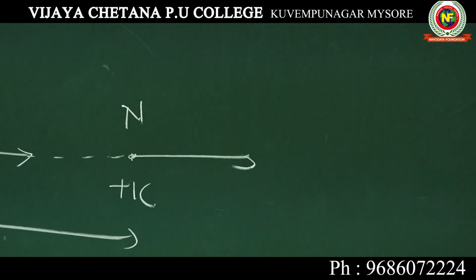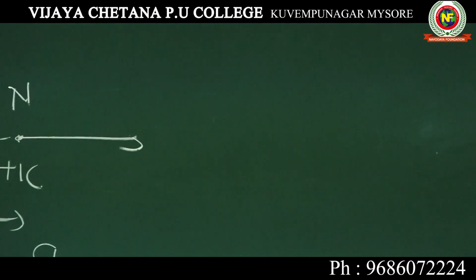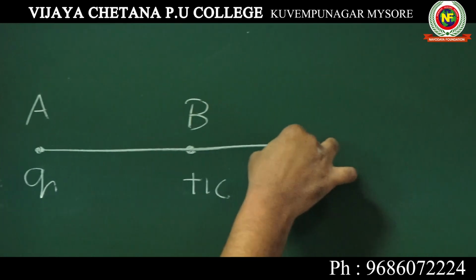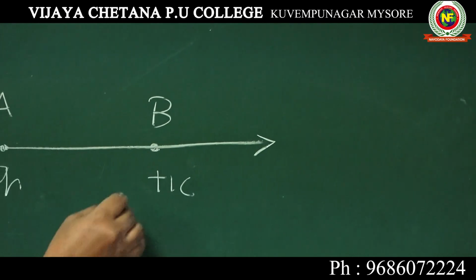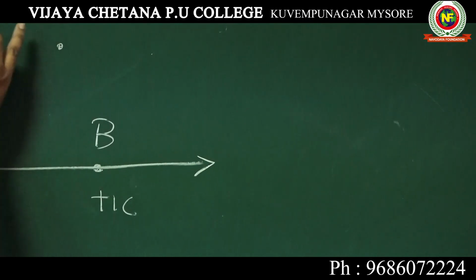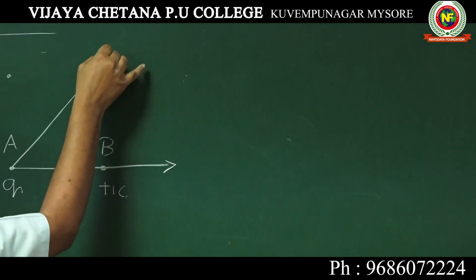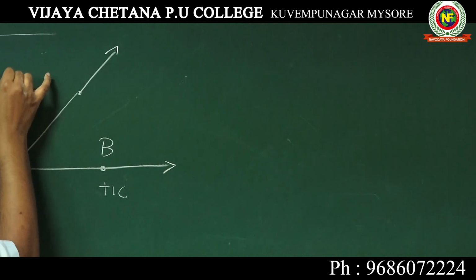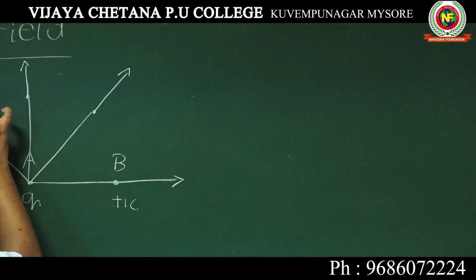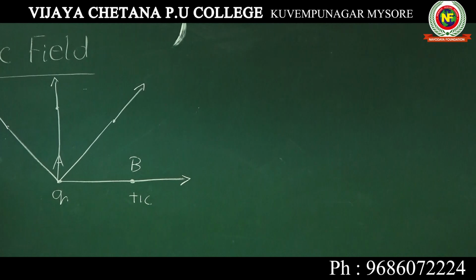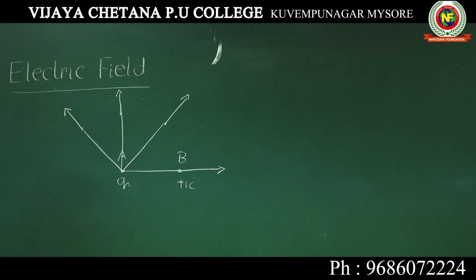Now we will understand the direction of the electric field due to different types of charges. Standard test charge. Then it will be repulsion of this kind. So you keep the +1 coulomb charge at whichever the point you want. Everywhere the electric field is directed away from the source charge. Isn't it? Everywhere the electric field is directed away from the source charge.